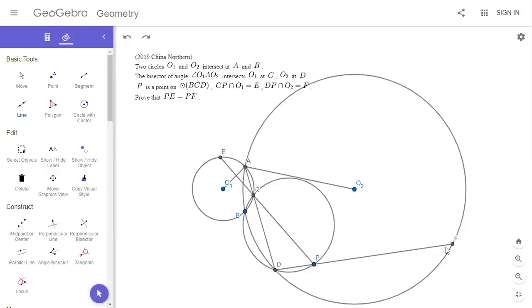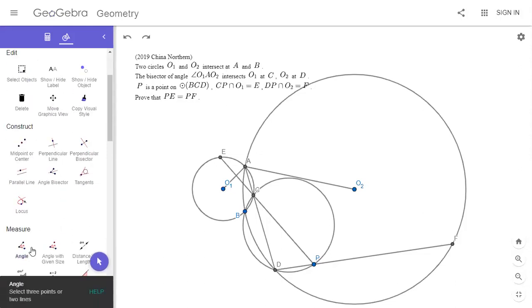So angle DAF is equal to angle DBF. We want to show DBF equals ABC? ABC looks like a smaller angle, although I'm not sure. Or we want to show DBF is equal to EBC.